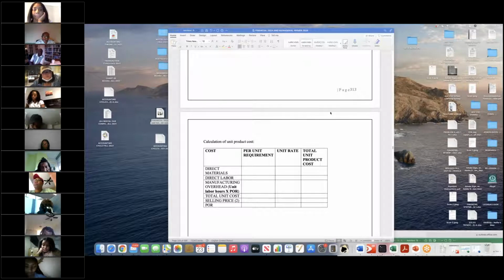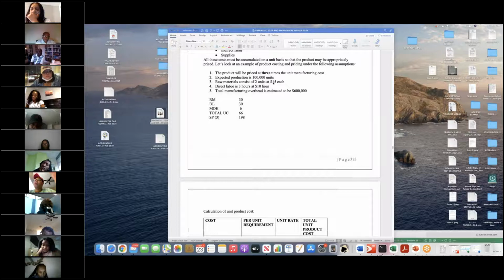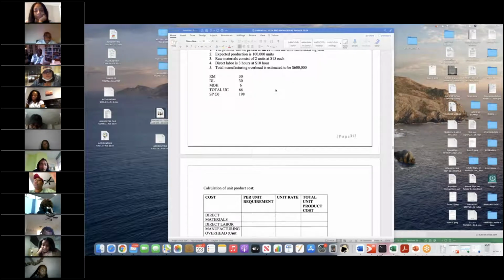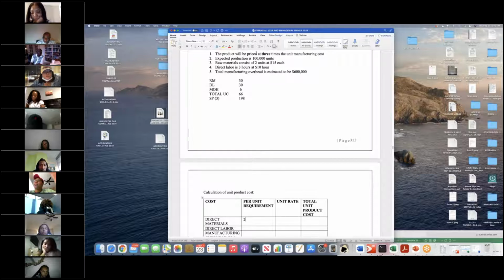So actually, we do have this little table that we use. If the per unit requirement is 2, and the unit rate we said on raw materials is 15, you're going to use a table like this to come up with your raw materials, 30.